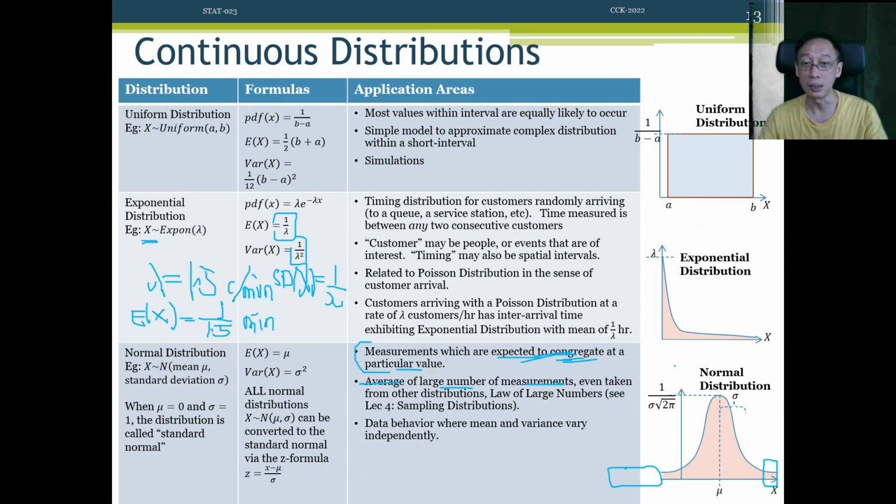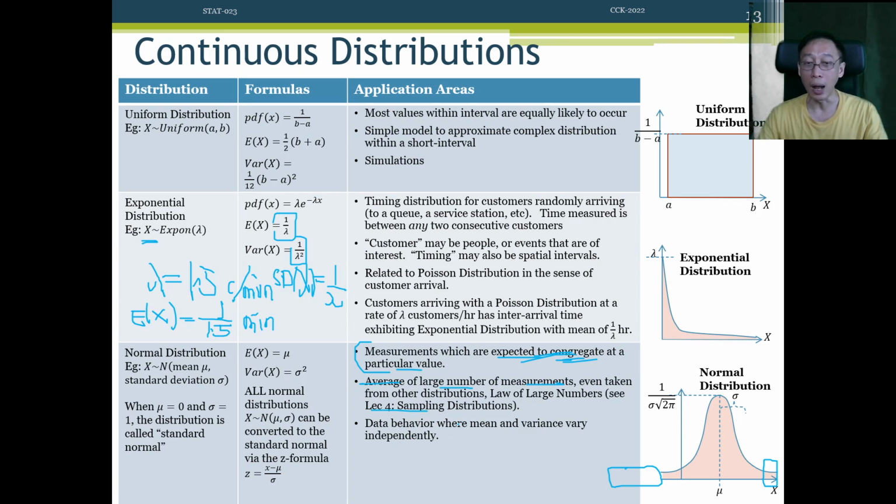This law tells us that when you average out a large number of measurements, whether those original measurements follow exponential distribution or uniform distribution, you just add them together and divide by the number of times you measure them, and that average is going to follow normal distribution. So this is the very famous central limit theorem that we also talked about, right? We'll see that again in lesson 4. Okay.